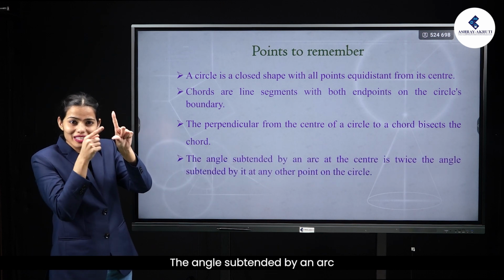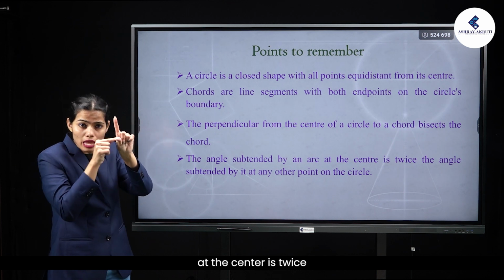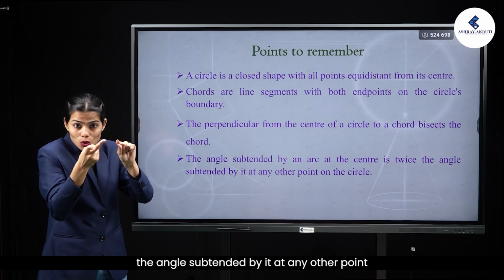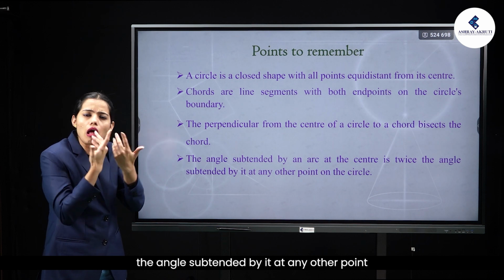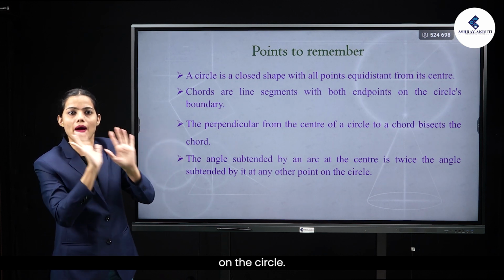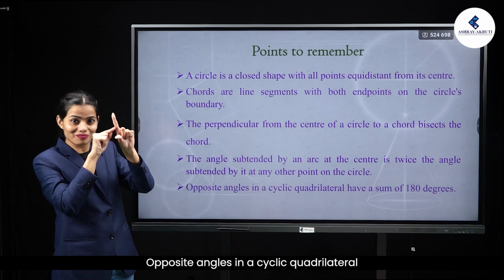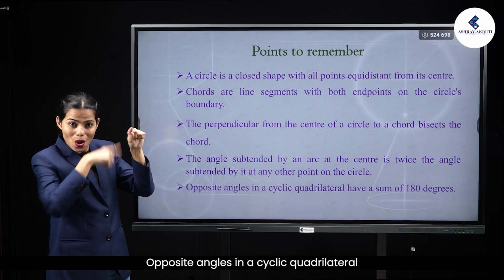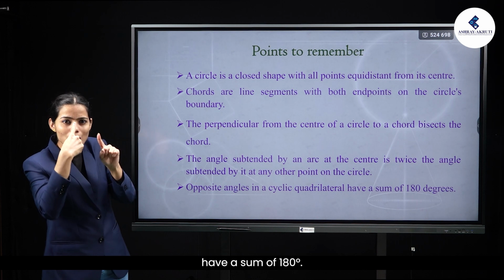The angle subtended by an arc at the center is twice the angle subtended at any other point on the circle. Opposite angles in a cyclic quadrilateral have a sum of 180 degrees.